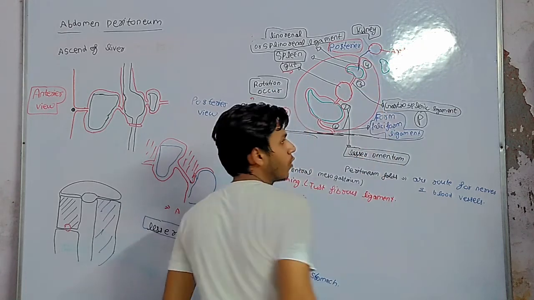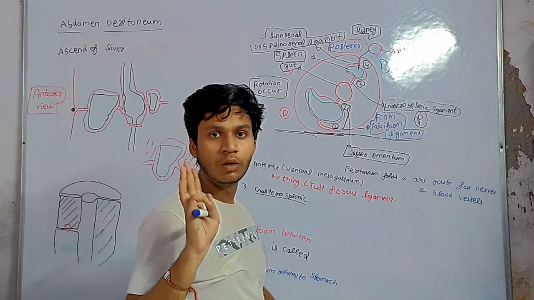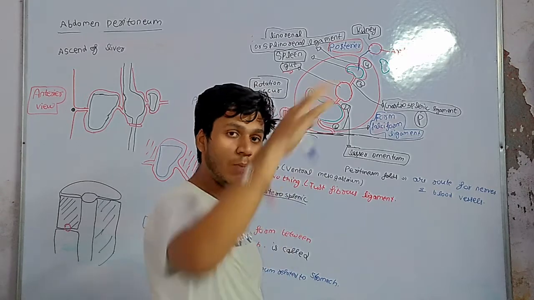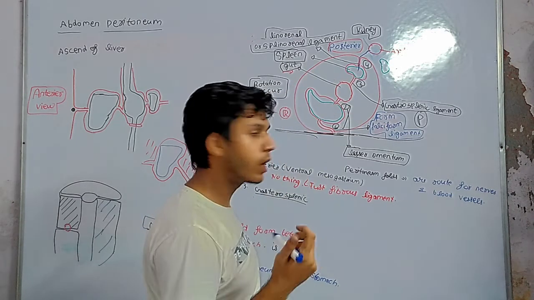But we know the splenic artery gives two branches to supply the stomach: one is the short gastric artery, which supplies the fundus region of the stomach, and one is the left gastric epiploic artery.